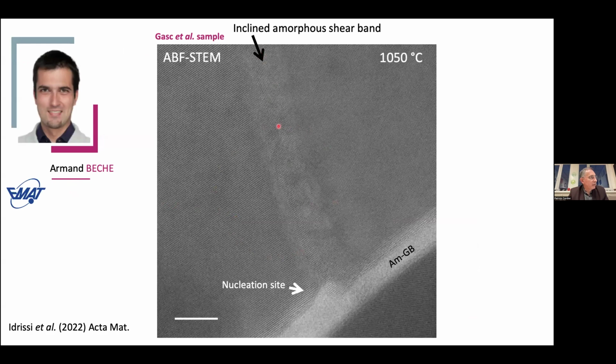Here, the lamella is inclined, so the contrast is not very strong. But you see that it nucleated from this amorphized grain boundary, going into the grain, and you see that there is an offset here. Again, we have many evidence of this shear.